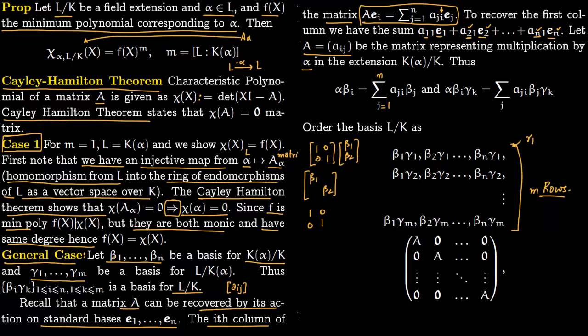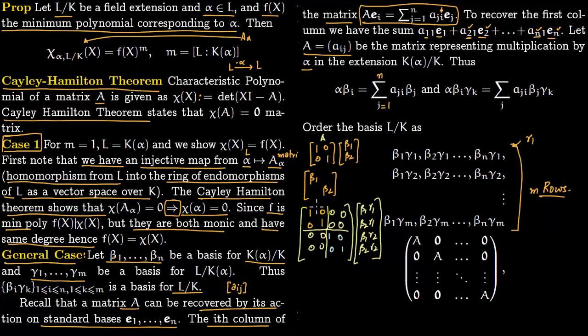We have repeated this matrix twice. Say this matrix is A, you have this here and then you have this here. Now you can multiply it with your 4 bases, which are beta 1 gamma 1, beta 2 gamma 1, beta 1 gamma 2, beta 2 gamma 2, to get a different matrix.